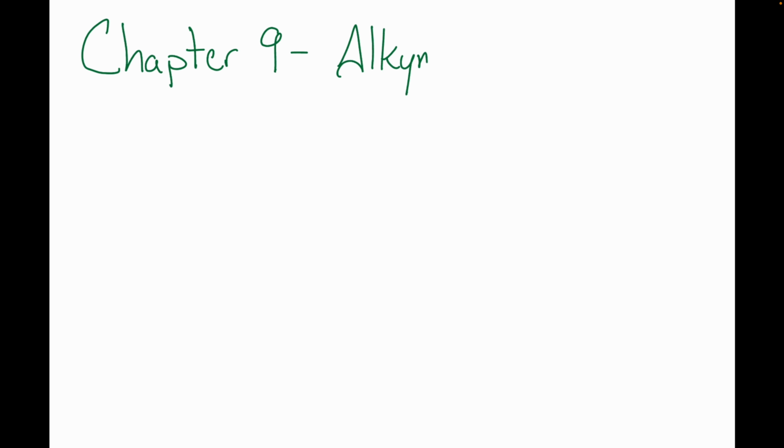Okay, so we're going to start in on our next chapter. We got a new functional group here. So this will be chapter 9 on alkynes. Just as a reminder, we started out by talking about alkanes, carbon, hydrogens, all single bonds.